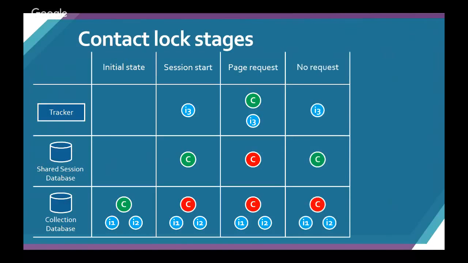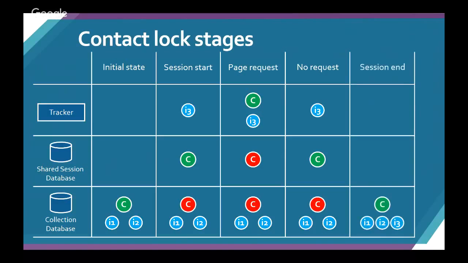When any given page request ends, the contact is removed from the tracker, and it is unlocked in the shared session. And at the end of the session, the contact is saved to the collection database. It is unlocked there, and it's removed from the shared session.